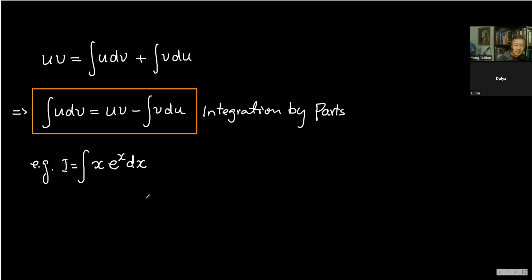Now, in this case, can you work out the differentiation based on this? So which function, in other words? Can we call this one V, and this one U?